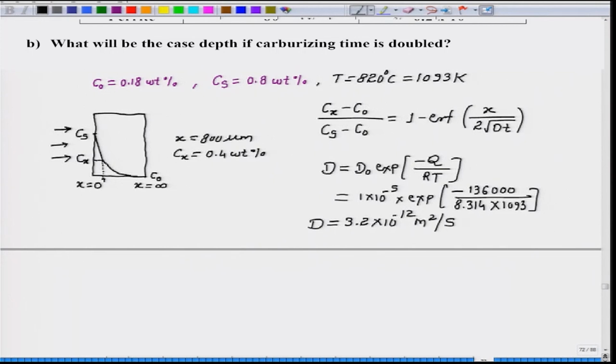Since we are considering the distance scale in microns, let us convert this to microns square per second. 10 to power minus 6 meters is 1 micron. So, 10 to power minus 12 meter square is 1 micron square. So, the diffusivity is 3.2 micron square per second.